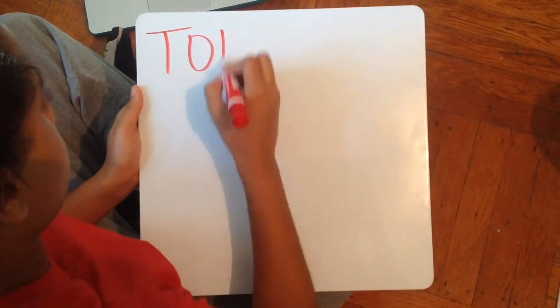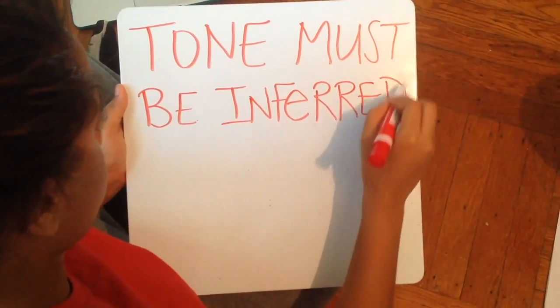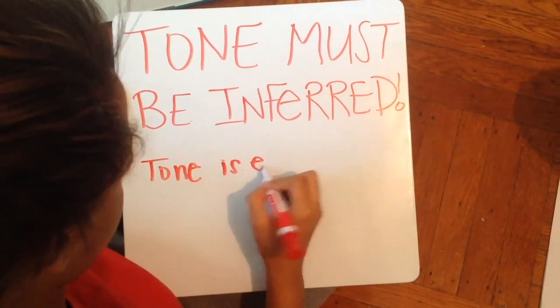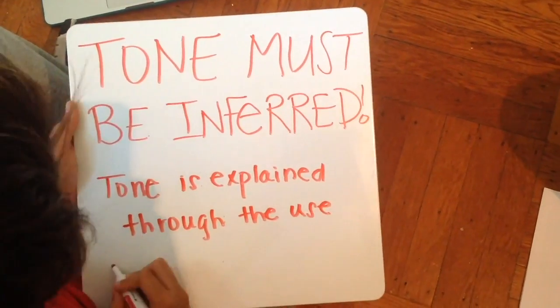Another important thing to remember is that tone must be inferred, therefore it won't be blatantly obvious. In order to figure out the tone, you should look at descriptive words used in the text.